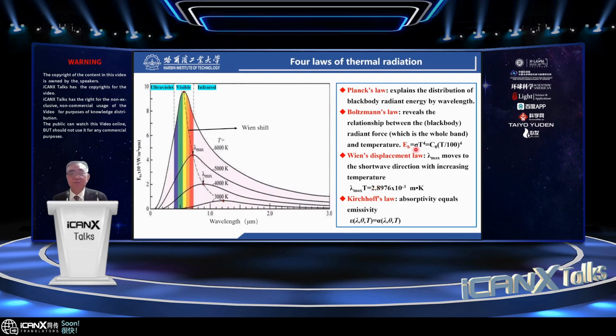So the emission energy is proportional to temperature to the fourth power. So it's T to the power of 4, which means the emission will increase drastically with temperature. Let's remember that we're going to use this formula later on. And this is what we say, whatever is absorbed must be emitted.